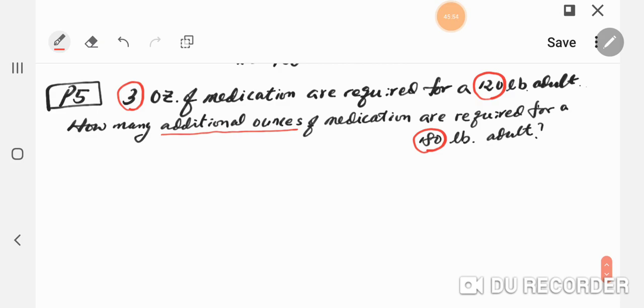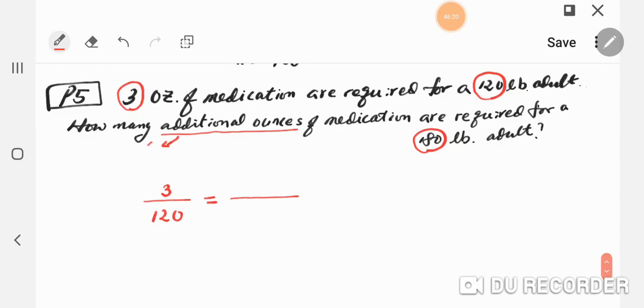This means a ratio of the ounces of medication. So I will write the numerator. Numerator represents the number of ounces of medication, and the denominator is the weight of a person. It's 120 pounds.